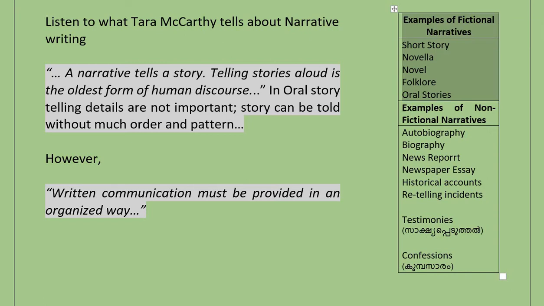And some examples of non-fictional narratives are autobiography, biography, news report, newspaper essay, historical writings, accounts, retelling of incidents, testimonies, confessions, etc.